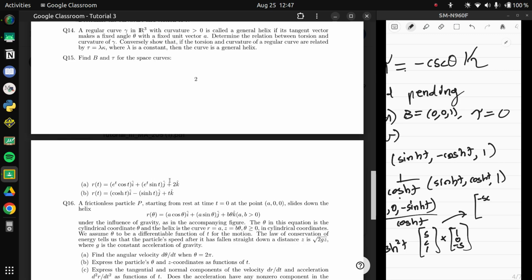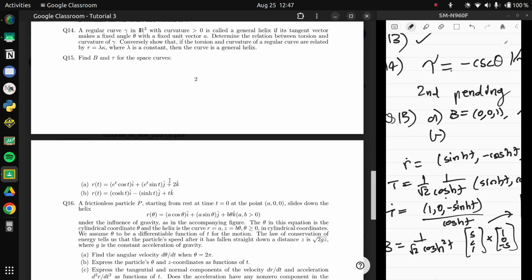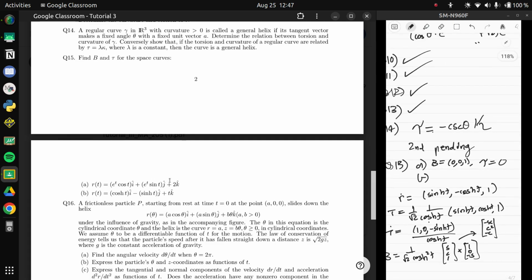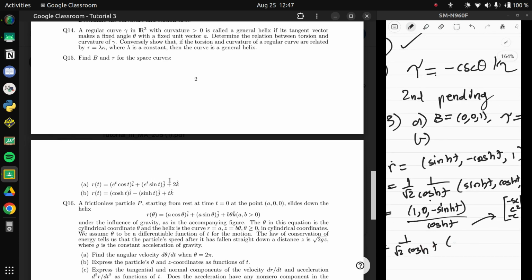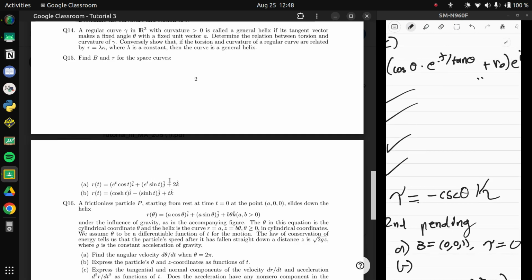So it's actually cosine h squared. Okay. And for this one it's minus cosine h. Yes. So it's this stuff. So you can take one of the cosine h out, because these are always positive in any case, and say it's going to be negative sine h of t comma cosine h of t comma minus 1.